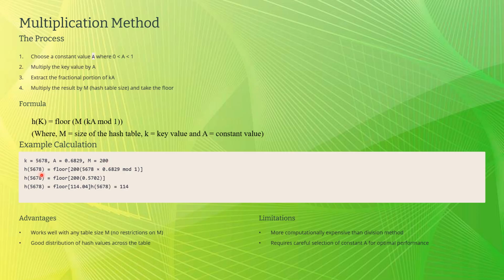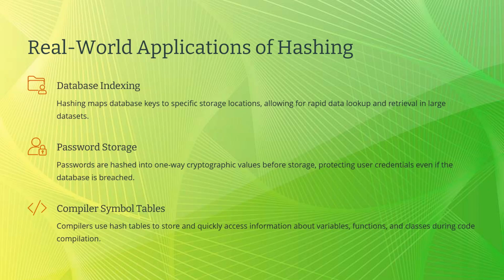So h of 5678 is equal to floor of 200 times (5678 times 0.6829 mod 1). After performing the floor operation, finally we got the value 114. These are the advantages and limitations of the multiplication method.